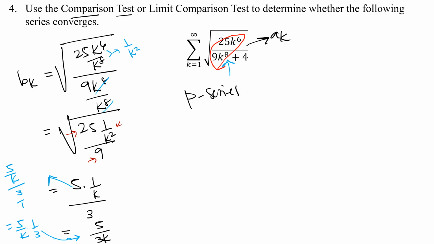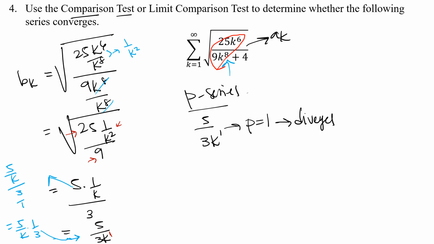So our understood p in the bottom is just 1, because we have this 5 over 3 to the k, and times k, not to the k, times k. And the k is understood to be to the first power, so our p here is equal to 1. Based off the p series, our series there is going to diverge.